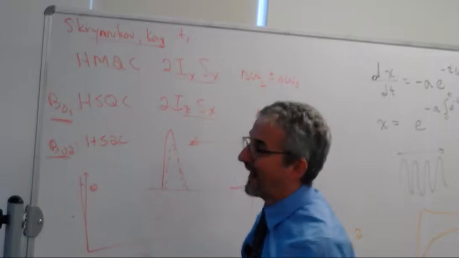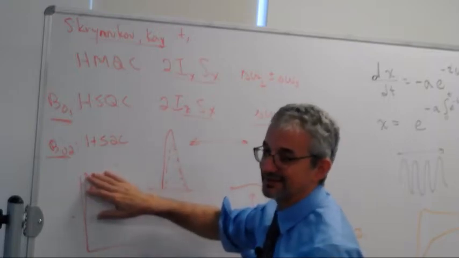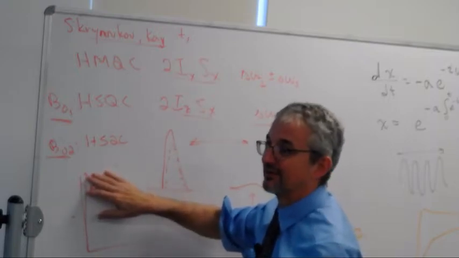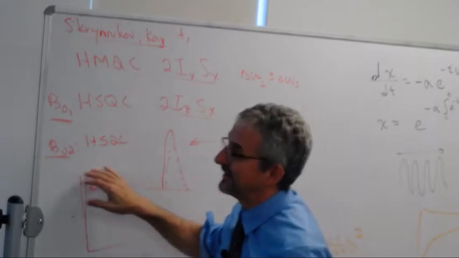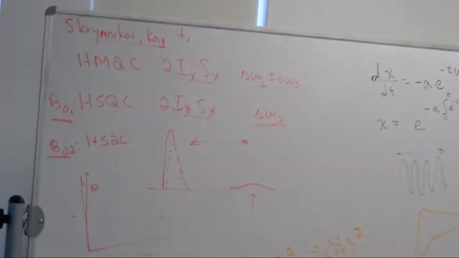So we don't bother trying to align the magnetization. We just let the orthogonal magnetization dephase at the beginning of this period capital T. Then we just wait, measure the signal.